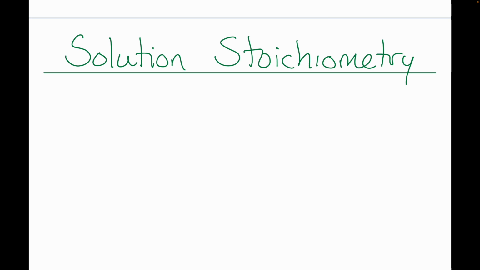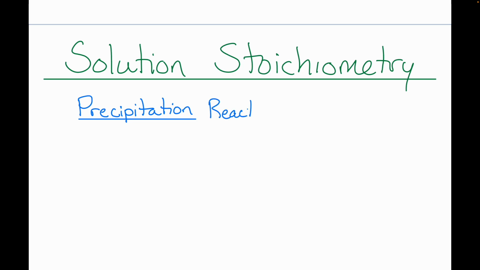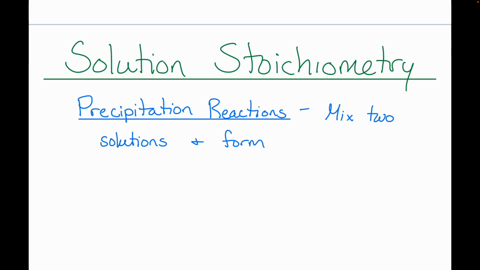There is one particular type that we're just going to beat to death here in this class, what are called precipitation reactions. Your precipitation reactions are when you mix two solutions and you form a solid product.